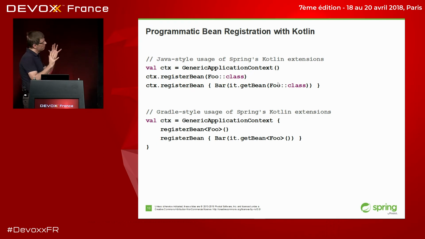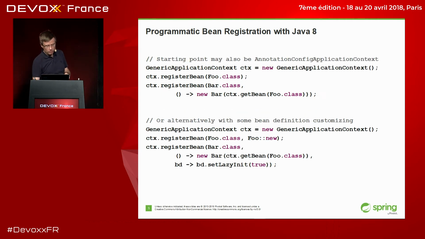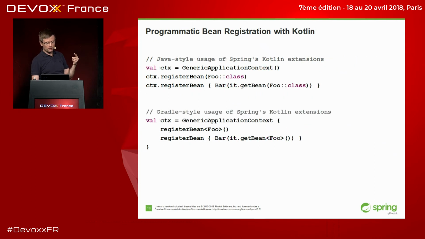This still looks very close to the Java example, right? You're essentially saying registerBean Foo class here, and the bar variant is interesting because it's a little more concise. Instead of saying Bar.class and then an instance supplier for Bar instances, you're saying just a Kotlin function that builds Bar instances and calls back to the container.